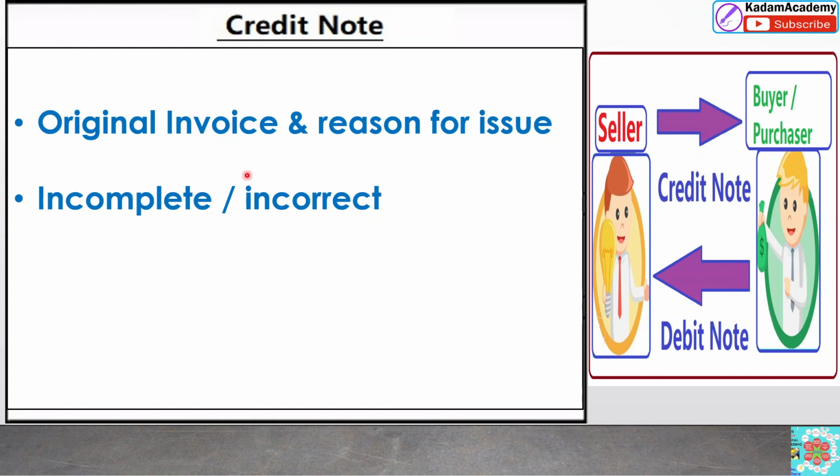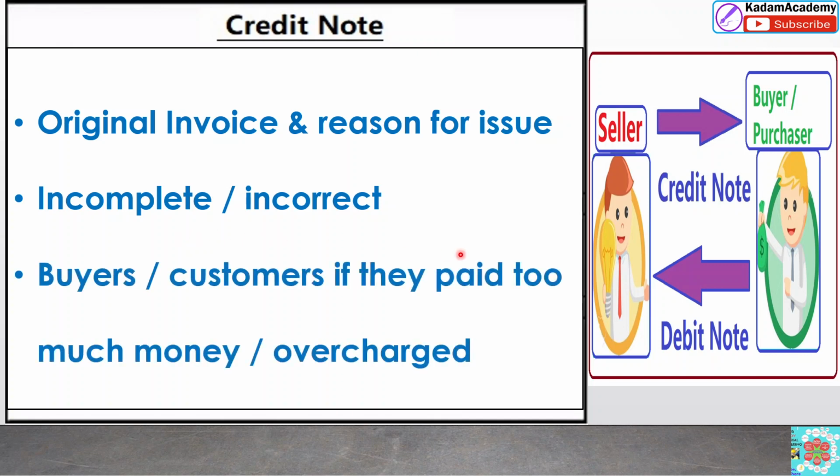It is received if the goods are incomplete or damaged. The customer may also receive one if they paid too much money, were overcharged, or the goods were incomplete or incorrect. Like these are the reasons I already studied. So friends, this is related to the credit note.